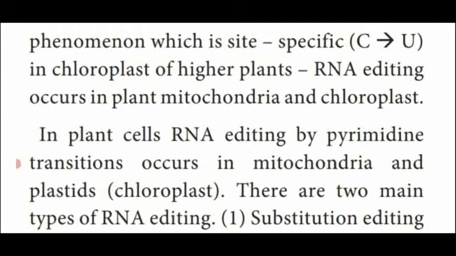Okay. So that is the change that occurs due to RNA editing. So this RNA editing occurs in plant cell organelles such as chloroplast and mitochondria. In plant cells, RNA editing by pyrimidine transition occurs in mitochondria and plastid.